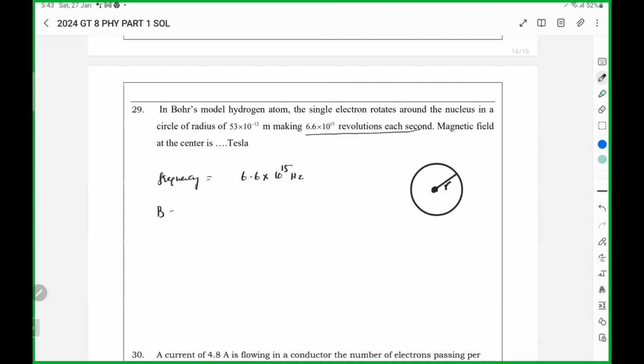So magnetic field at the center, once it moves in a circular path, your current through it is rate of flow of charge.